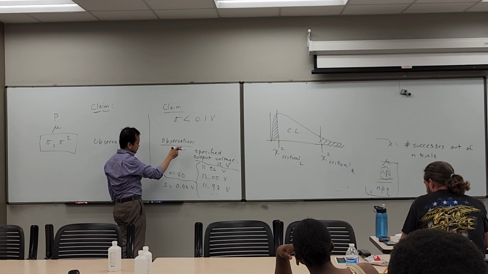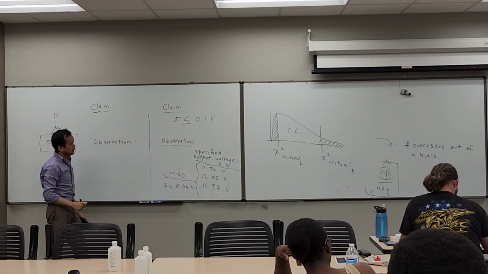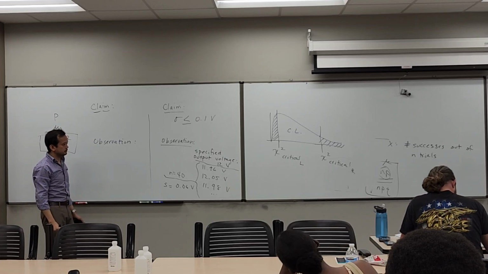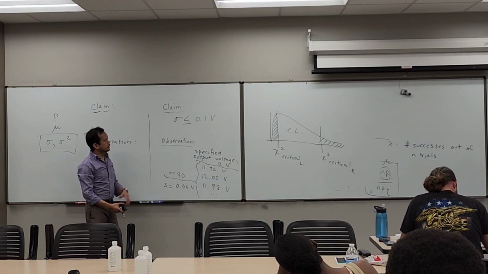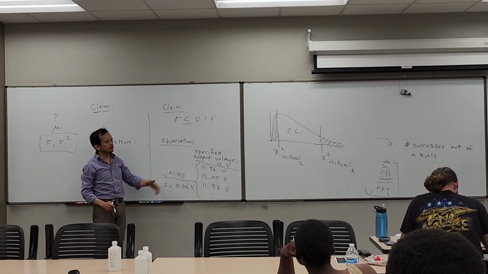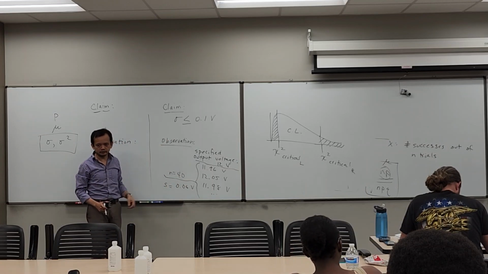Let's go ahead and include 0.1 as well. Let's do less than or equal to 0.1. So that'll be our claim. This is our claim for the whole population of devices. Now we want to use this observation to make a conclusion about that whole population.